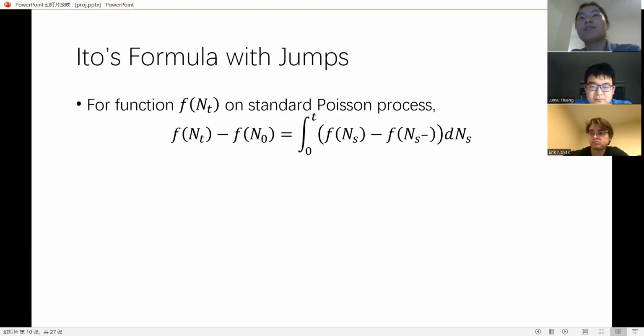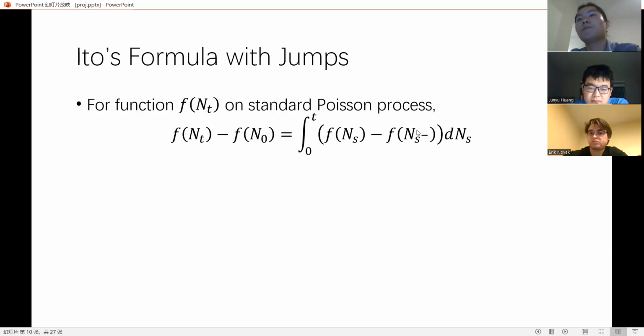Then we can also extend Ito's formula to Levy processes. For the simplest form, let's look at a function on the Poisson process N_t. Then this difference is counted by the integral of the difference f(N_s) minus f(N_{s-}), the left limit, times dN_s.